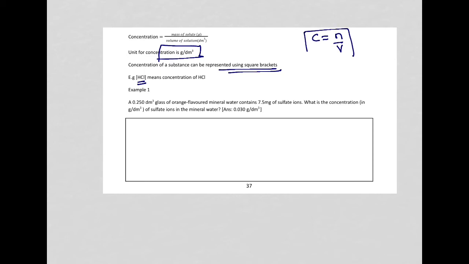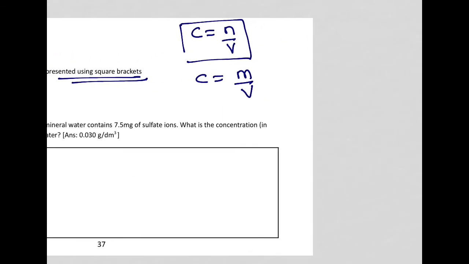Now, when we write concentration, you can write it in a short form, that is using square brackets. So if you're writing HCl in square brackets, it means concentration of HCl. Now, similarly, just like concentration is equal to number of moles divided by volume, concentration can also be calculated by mass divided by volume. And then from there, mass could be concentration times volume.